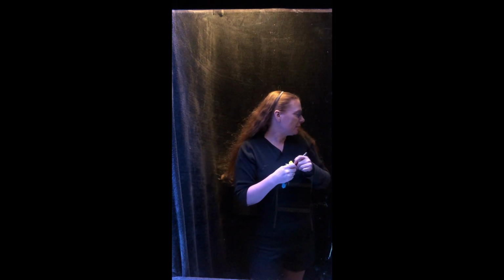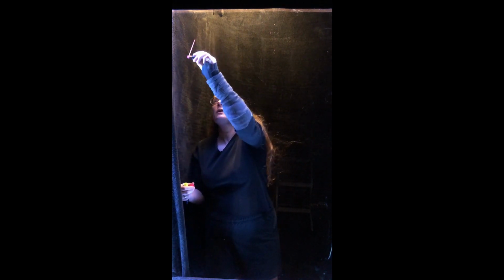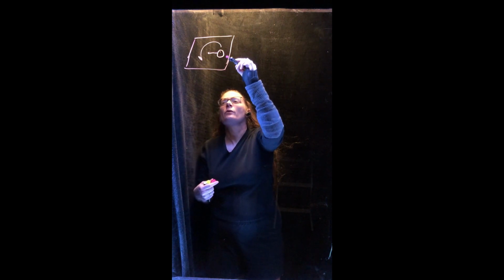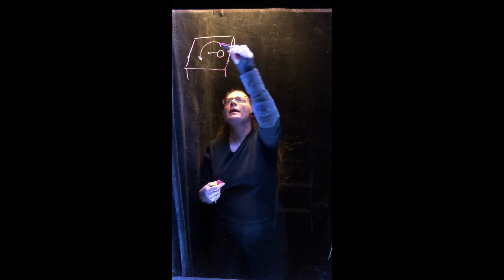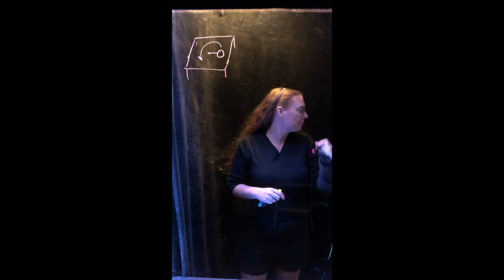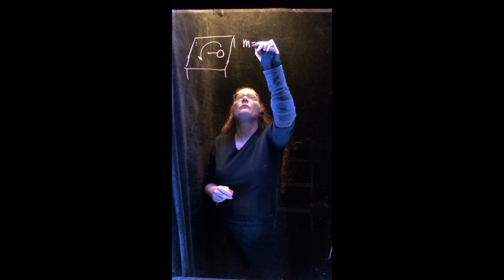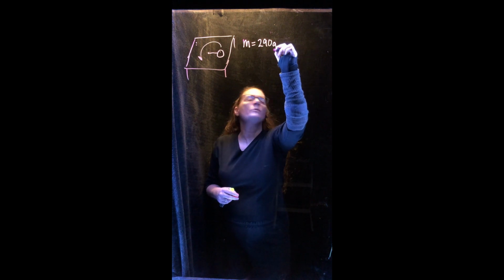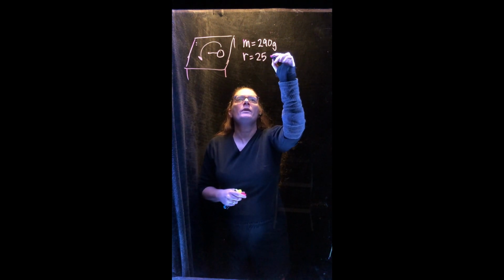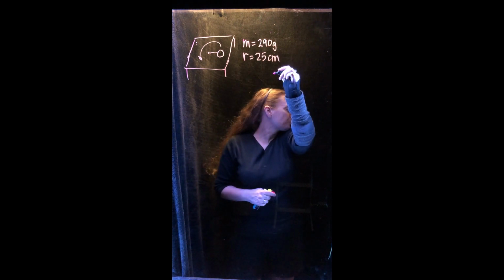So the problem we've got is a toy is being swung in a flat circle on a table. I'm not really good at drawing that sort of thing, so there's my table. And what do we know? The mass of the toy is 290 grams. The radius of the circle it's spinning in is 25 centimeters.